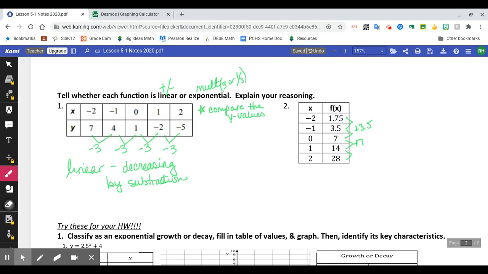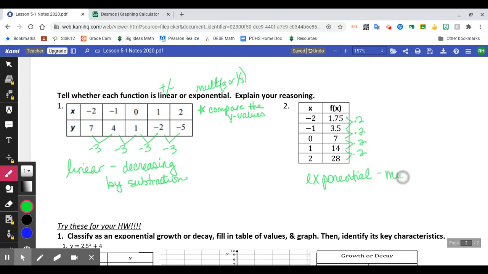So we know we're not adding the same amount every time. And the only other way to increase it would be to multiply. And you should be able to tell that this makes sense to be times 2, times 2, times 2, times 2. So this would be an example of exponential because it has a multiplying every time. You're multiplying to increase.